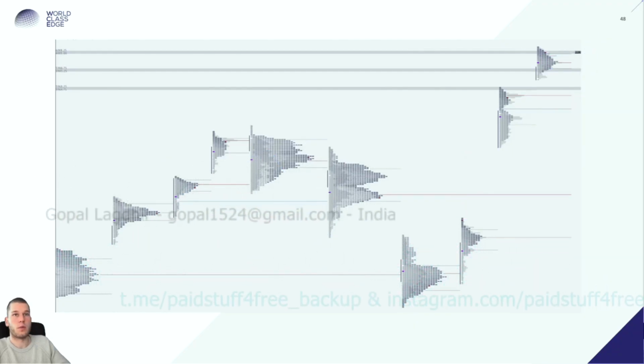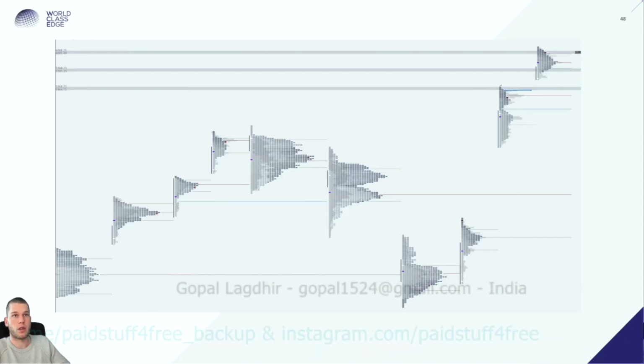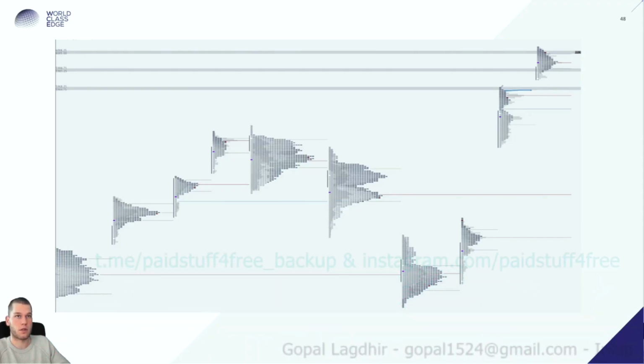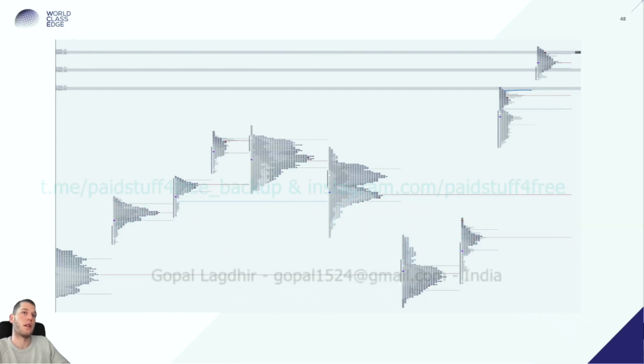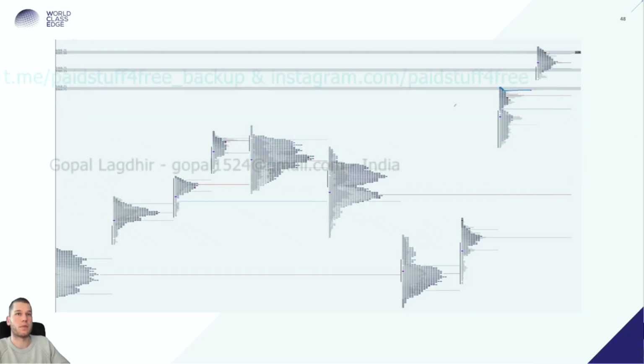I hope your business zones look kind of the same. In this case, when the value area high is pretty close to the extreme, and the extreme is not a ledge, so it is one TPO and not a couple of TPOs, you can also connect the value area high just to the extreme of the session's range.